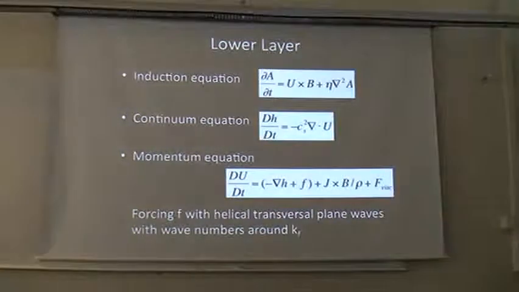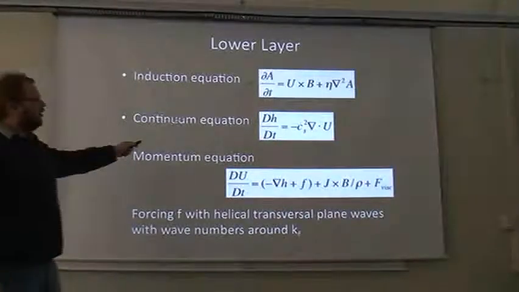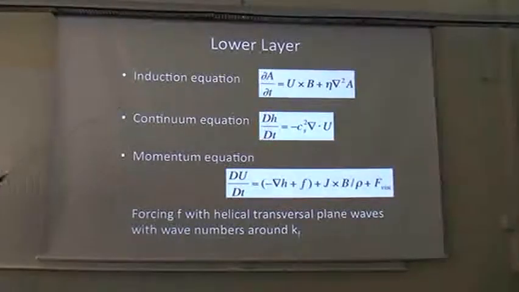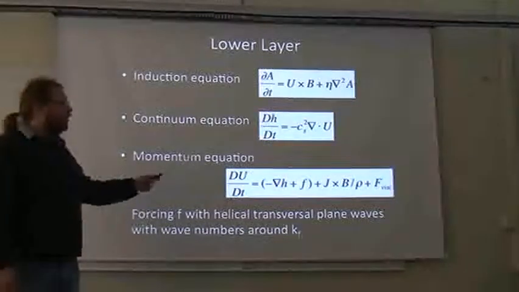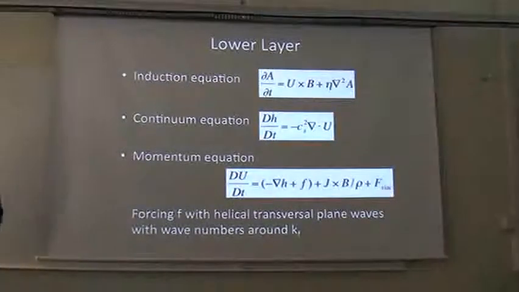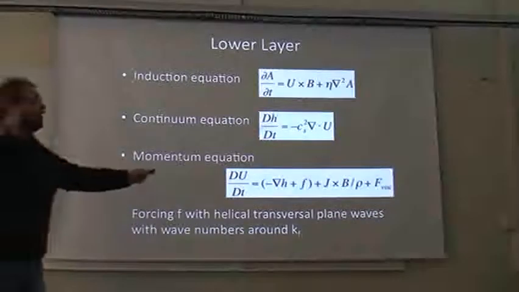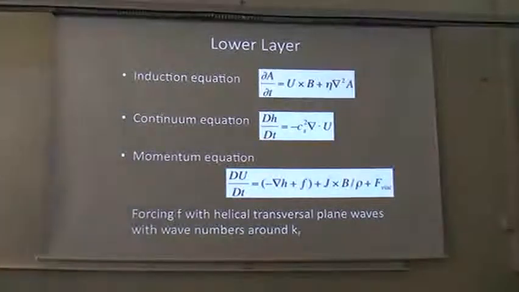Okay, coming to the equations. The lower layer somehow represents the convection zone without convection. I solve the induction equation and the continuity equation. H depends on the density, so you can also write this in terms of density.